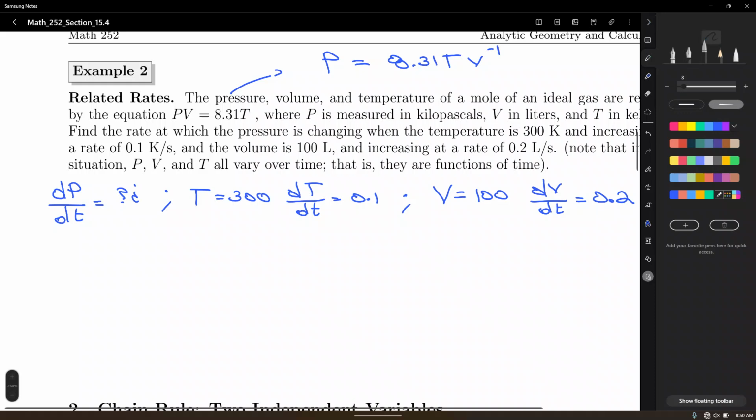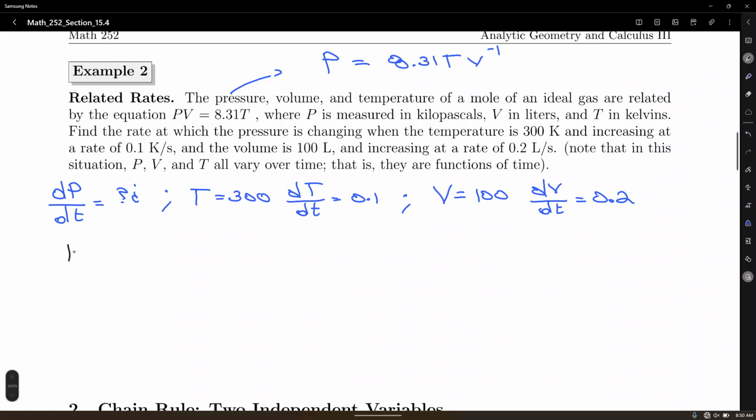The pressure is controlled by the temperature and the volume. However, those are just the intermediate variables, temperature and volume, because we're not just controlling temperature and volume, we're controlling them in terms of time. So these two, furthermore, vary with respect to time.